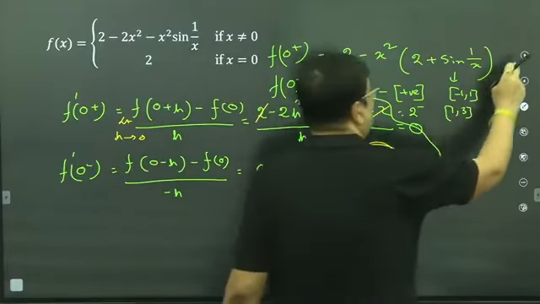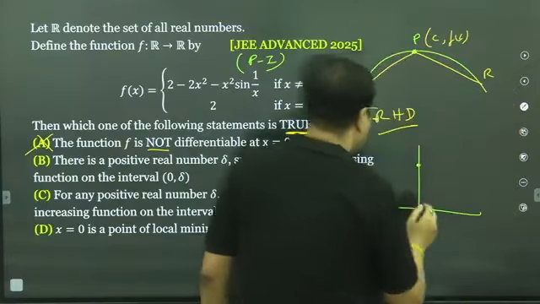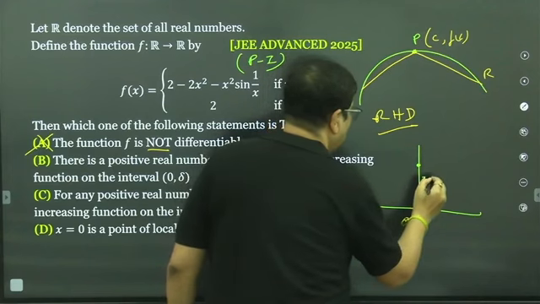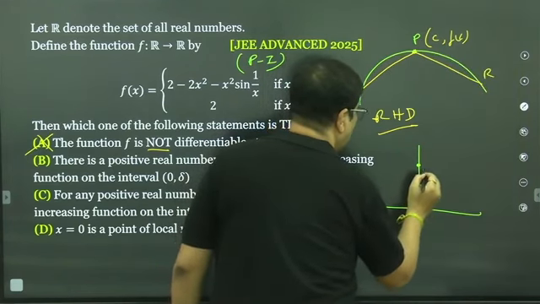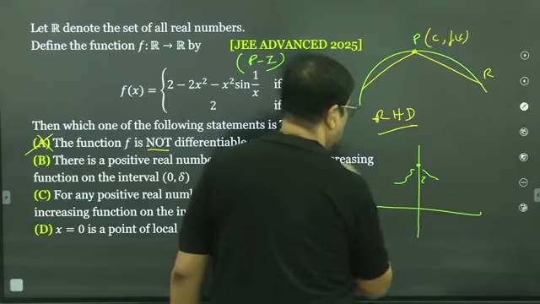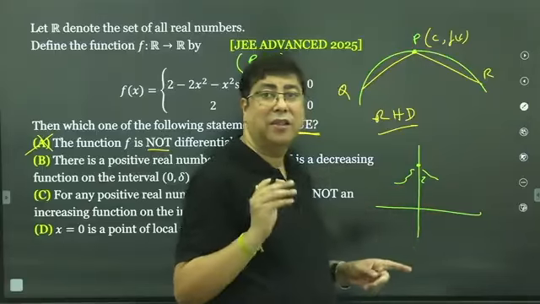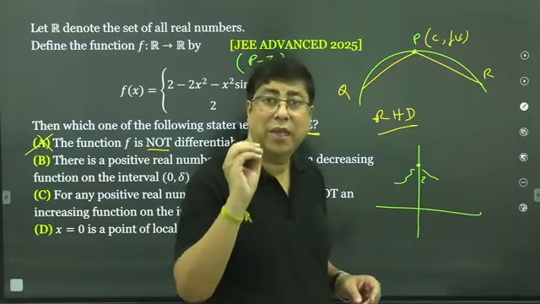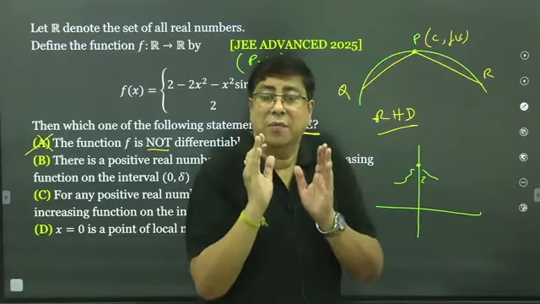It means that at x equal to 0, the function has the greatest height compared to its very neighborhood points. Therefore, let's come back to the previous. Here it is 2, and in its neighborhood, whatever the curve or graph may be, the height is lesser than 2. This means at x equal to 0 it has the maximum height.